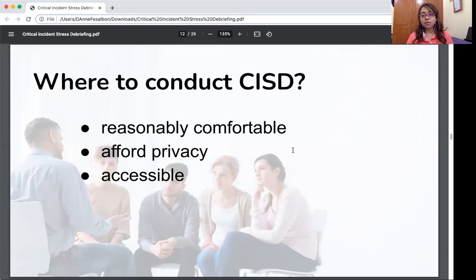Let's say, for example, there was a bank robbery. Maybe the employees may need some debriefing to help them prevent experiencing any trauma.